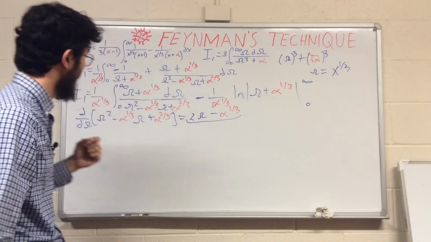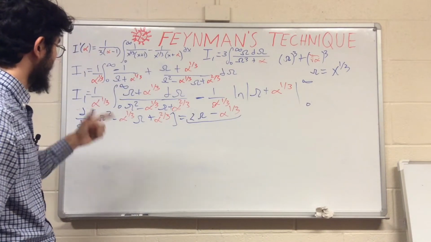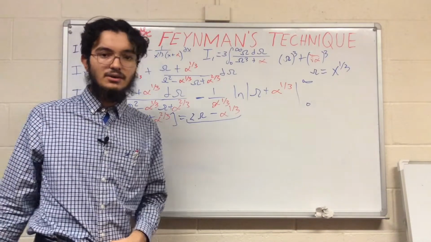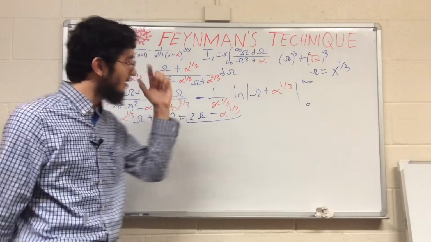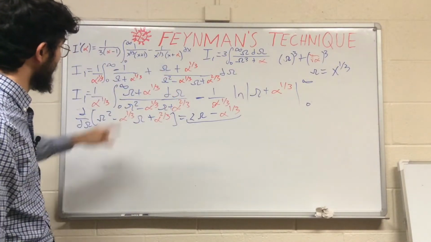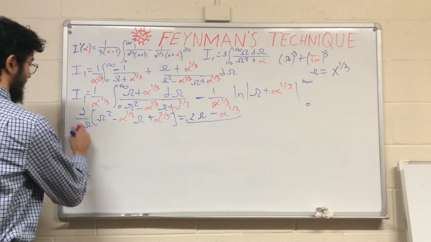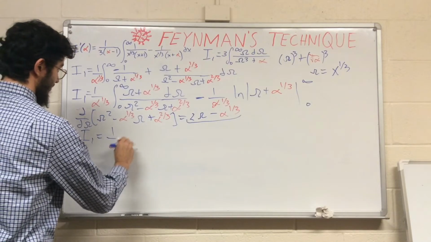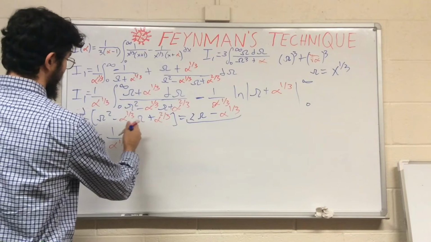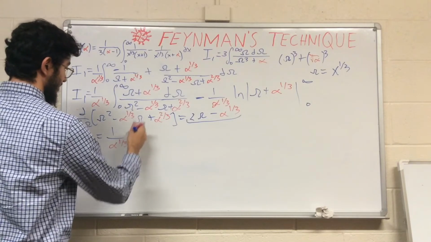So let's see. How do we do this? Well, it was not easy to find how to do it. In the end, I think I even had to use Wolfram Alpha, but for this specific part. So let's see. For that case, we know that I1 is nothing but 1 over alpha to the 1/3 multiplied by the integral from 0 to infinity.